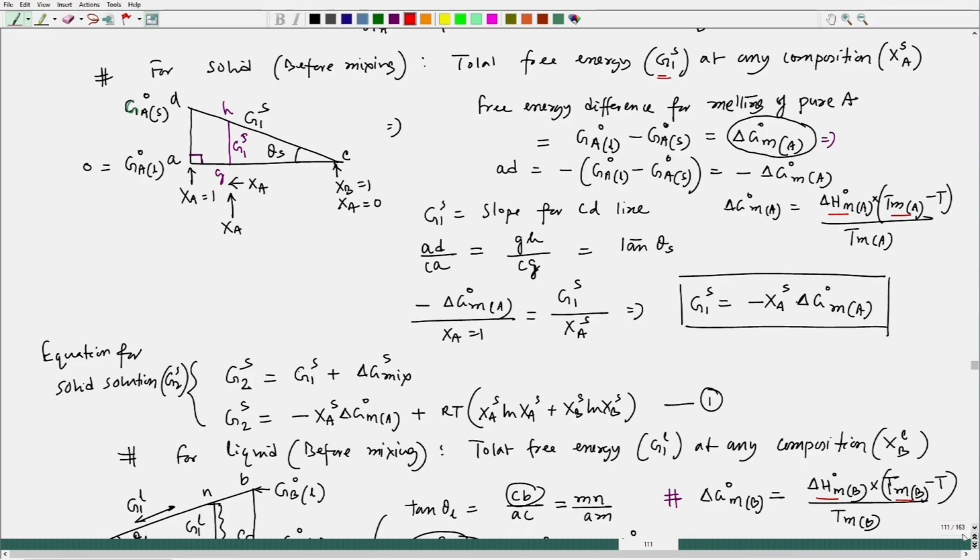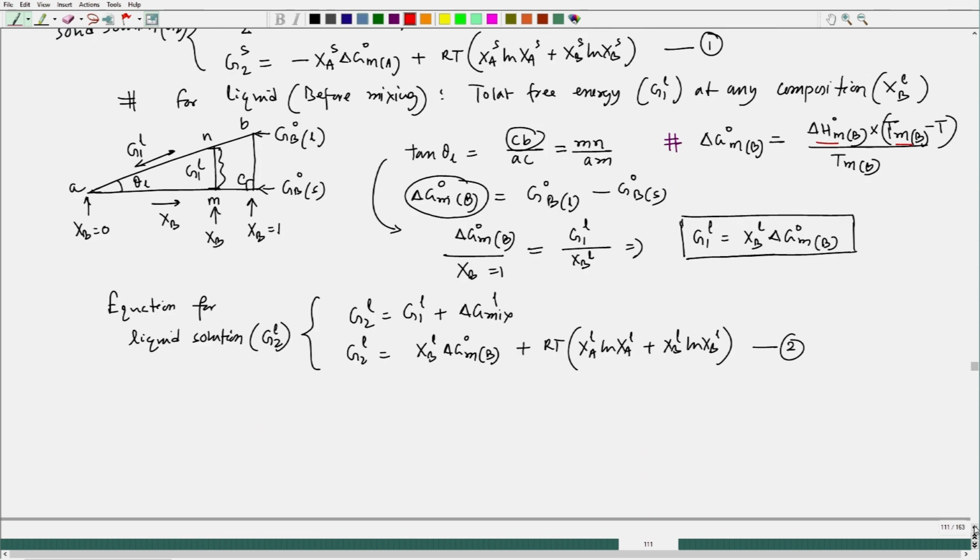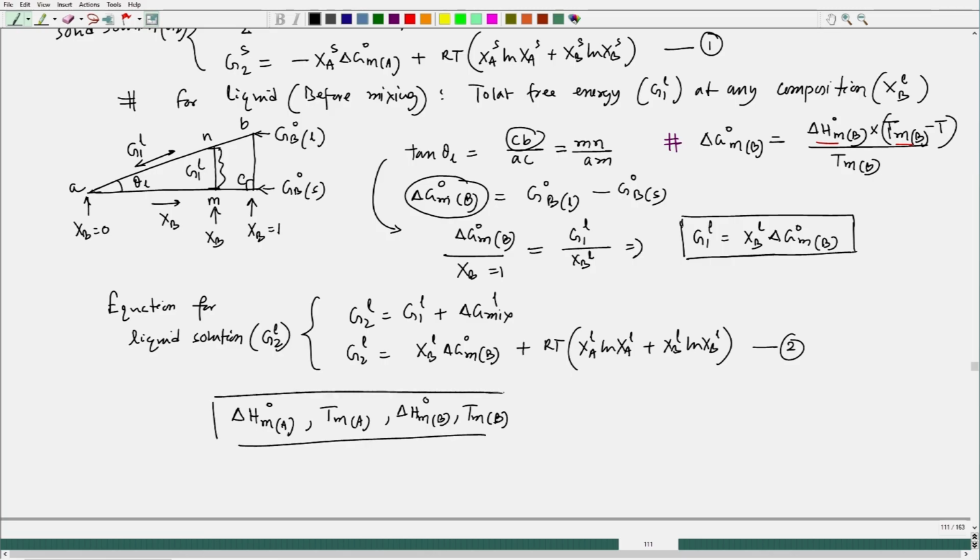What are those 4 important data needed for the calculation of the isomorphous phase diagram? These 4 data will be needed to solve those equations. We will see that. Okay.